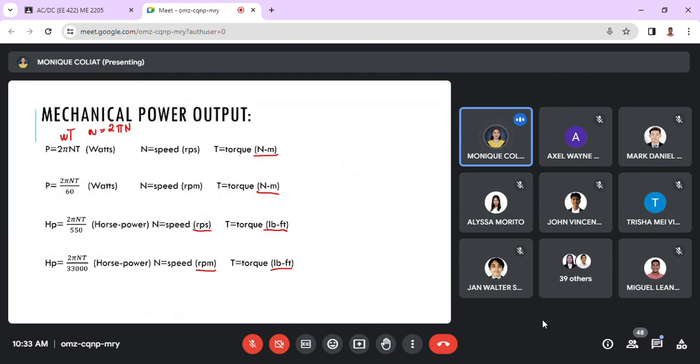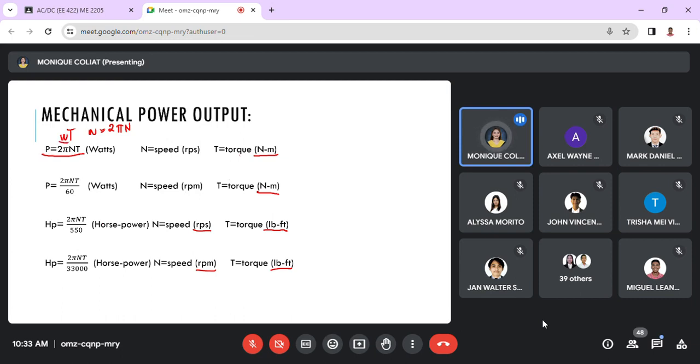So, mechanical power output. To get the mechanical power output, we have different formulas. Okay, so we have P equals 2 pi nT, wherein 2 pi n is the angular velocity.